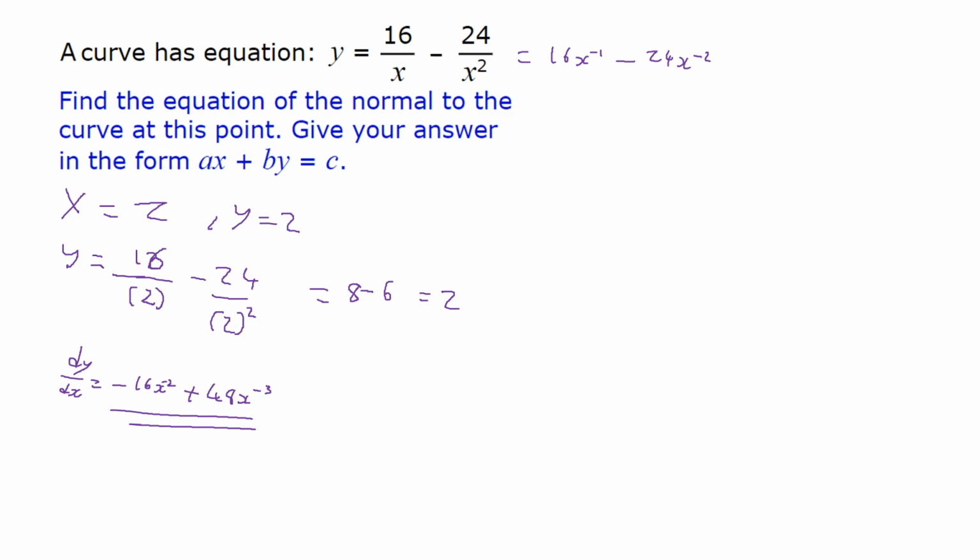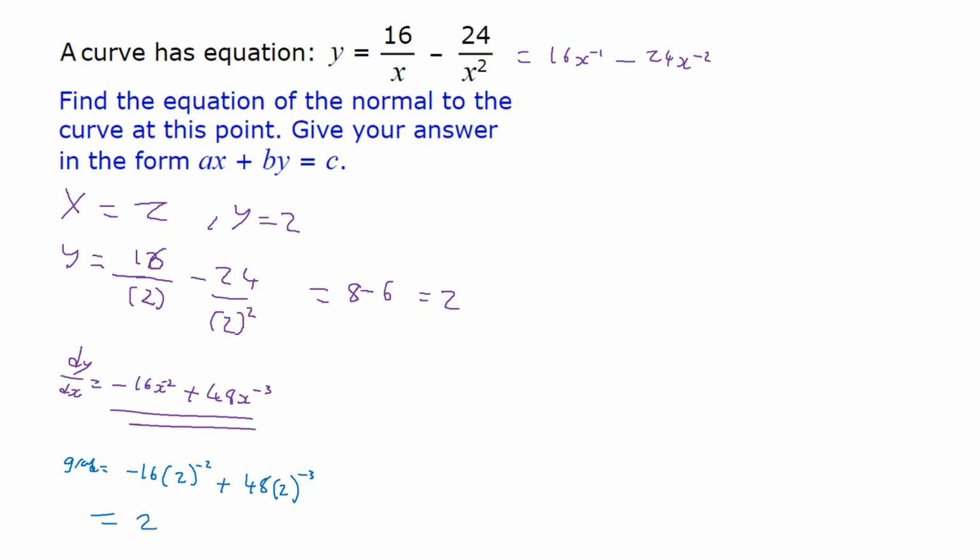So the gradient at this point is just going to be minus 16 times 2 to the minus 2 plus 48 times 2 to the minus 3. And we should get an answer of, if we do it correctly, 2.